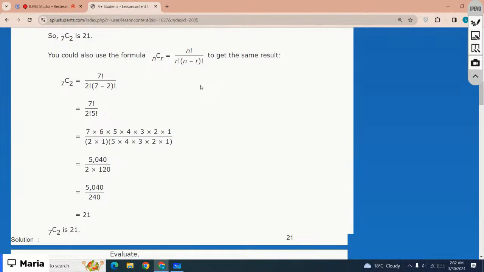You have to evaluate 7 factorial divided by 2 factorial and 7 minus 2 factorial, right? That is 21. 7C2 equals 21, right? That is 7C2.